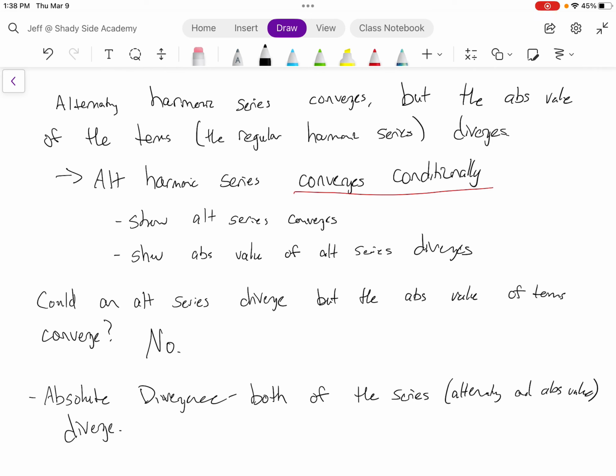We don't really have conditional divergence because this question up here is not possible. Okay, so there are a lot of words here, and not a whole lot of examples. So maybe we'll think about some for our homework, and we'll think about some for class on Monday.